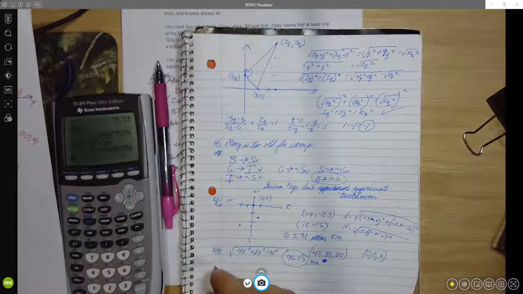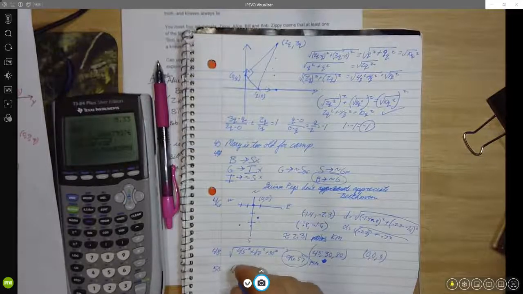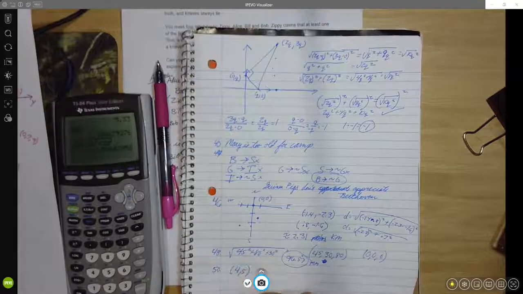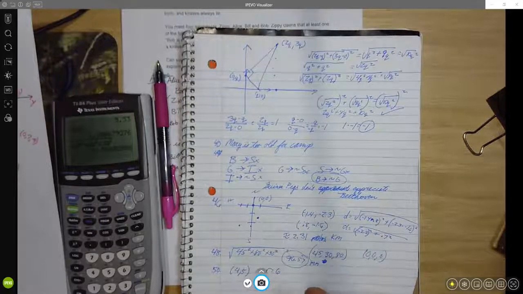Okay, and then number 50, almost done. Write an equation for the circle below. So it's got a center of 4, 5, and then the radius is 1, 2, 3, 4, 5, 6. You can see that because the distance from 4, 5 to 4, negative 1 is 6.